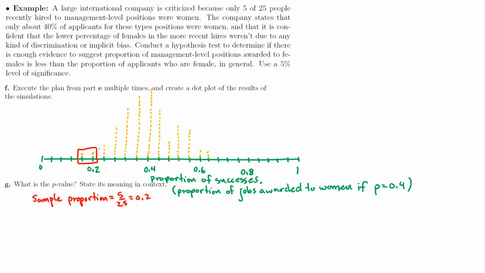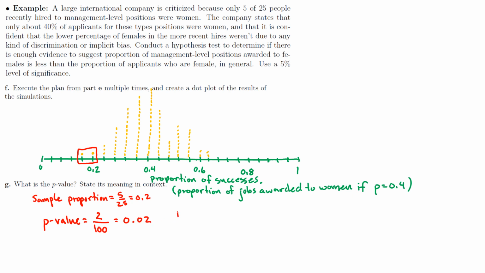So when we talk about a p-value, in the last example it was 0 because we never saw results like ours. In this example, it's 2 out of 100, meaning the 2 times we saw results like that out of the 100 total times we tried it. So that is 0.02, or 2%.